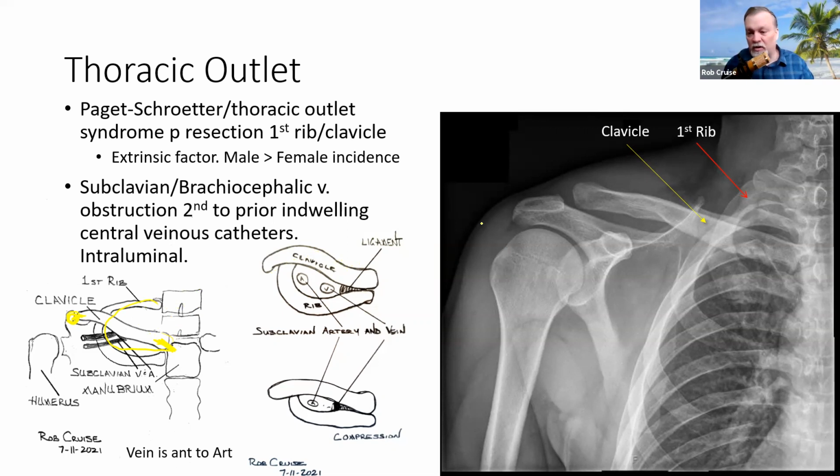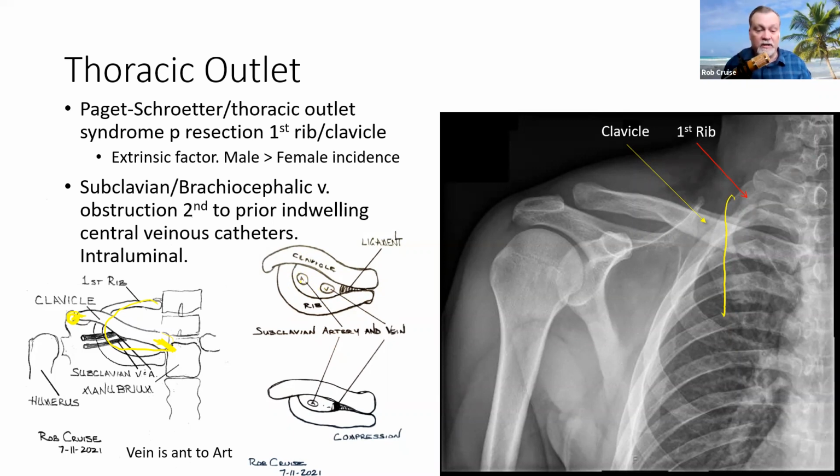Now we'll take a look. Here's the first rib coming around, and here's the clavicle. We're going to look at this section right here where the rib and clavicle are meeting. We have the clavicle on top, rib coursing around under the bottom, and normally you'd have this thoracic outlet with enough room for the artery, the plexus of nerves, and the vein to come out.